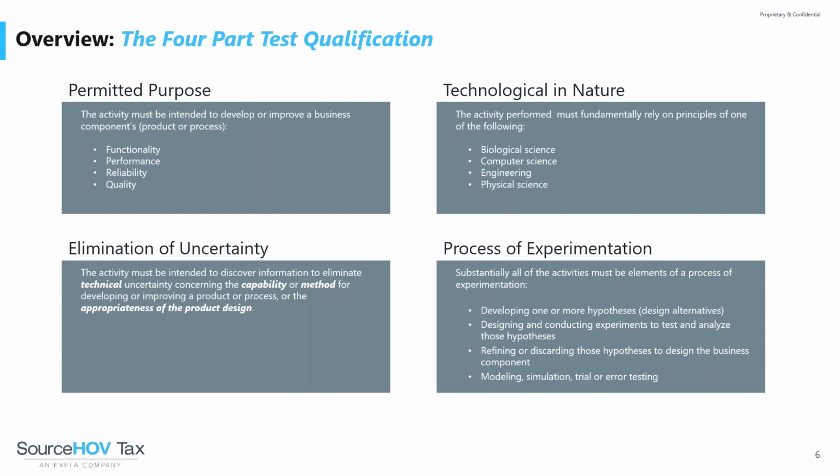That's really saying that if we're developing something new, whether that's a product or process, or making improvements to a currently existing product or process with regard to functionality, performance, reliability, and quality, that answers the first question. So that is a really, really easy test for us to overcome, because obviously every time you guys are working on something, you guys are trying to either improve it or create something from scratch.